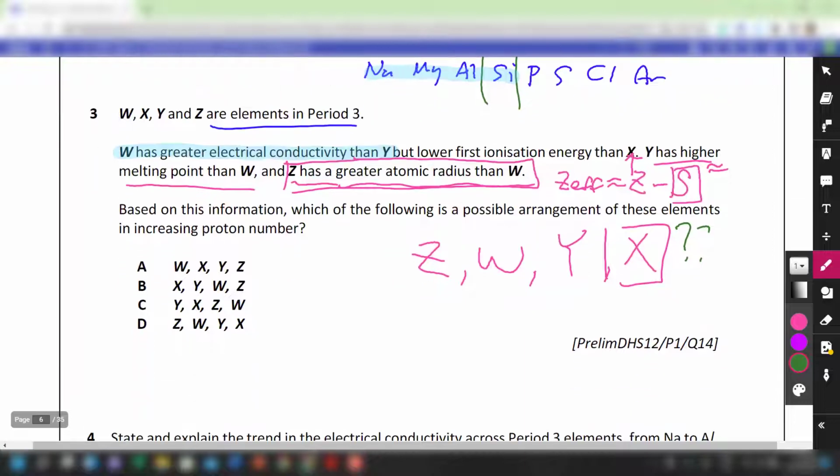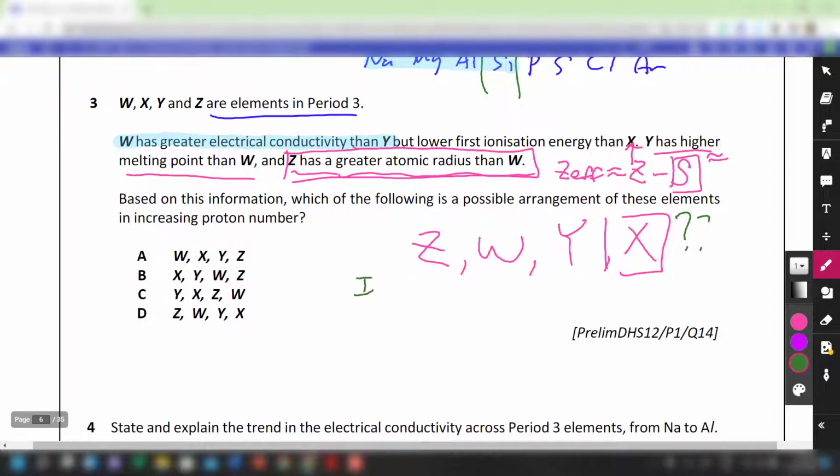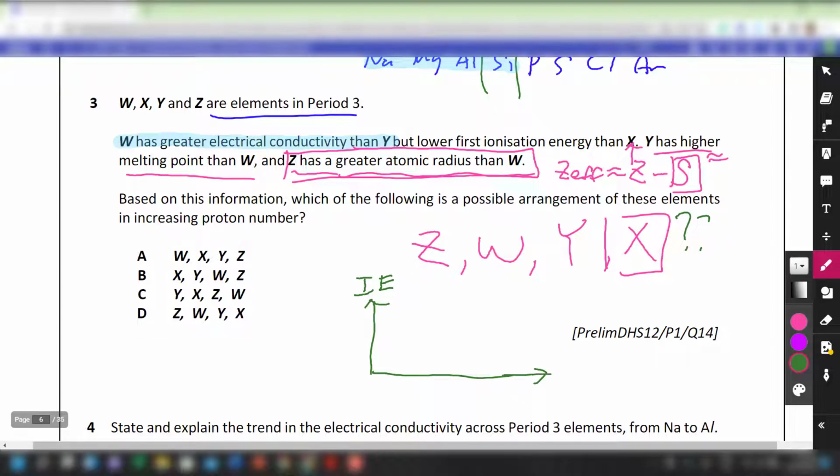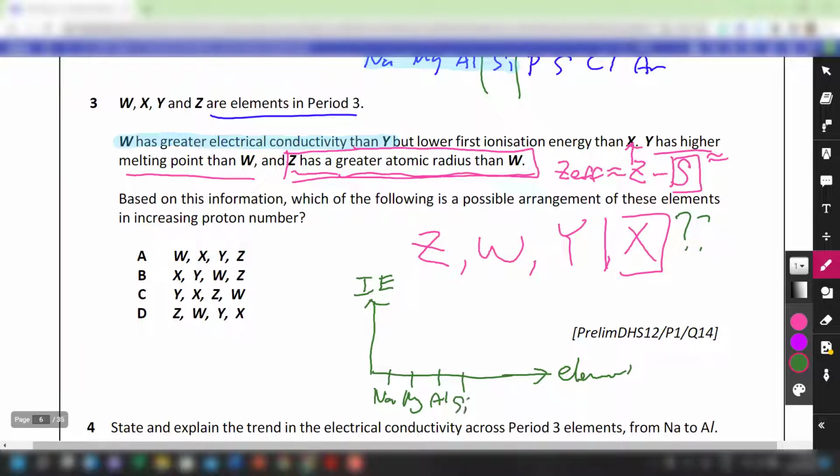So if we take a look at the first IE trend, we have first IE here, and the elements: sodium, magnesium, aluminium, silicon, phosphorus, sulfur, chlorine, argon. Sorry, I can't seem to write it properly.